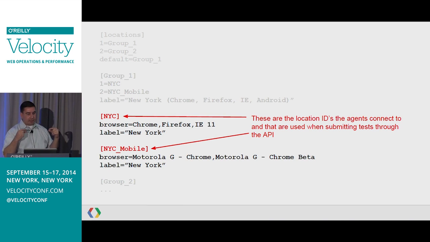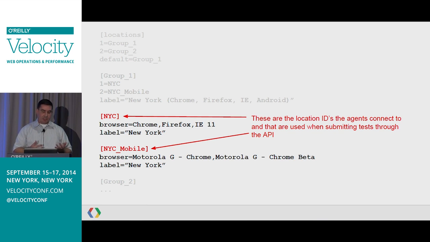And then each one of those location IDs, those are the ones that actually show up in the browser list, and this is where you define what the test agent connecting in is going to be configured for. And there you provide the list of browsers, and it's browser equals, not browsers, but browser equals, and then the list of browsers available for that test location.